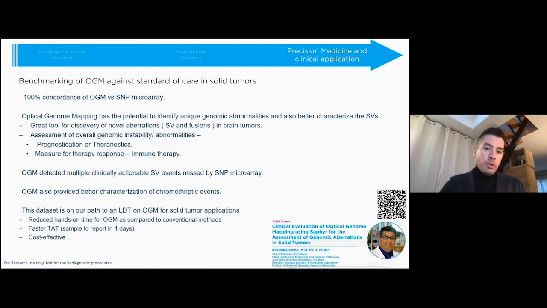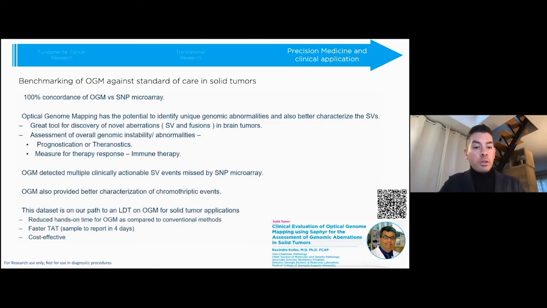So their conclusion is perfectly concordant with the two previous studies we saw, with a clear potential of optical mapping to identify new, unique genetic abnormalities, new fusions without any information needed on the genes impacted or the fusion partner. Think about NTRK fusions, for which dozens of fusion partners have been described.